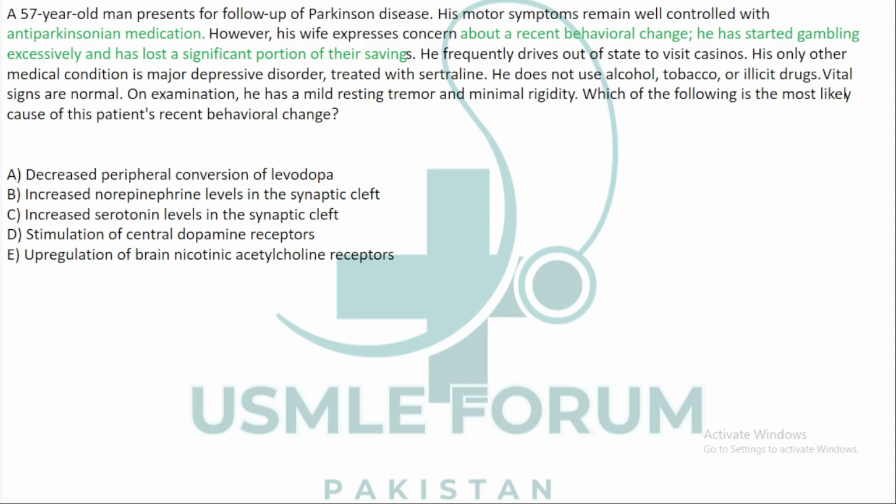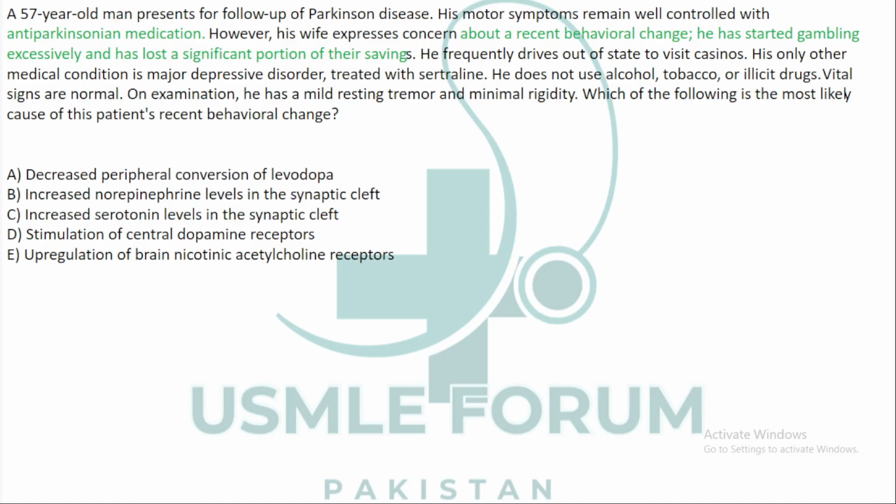But I know that the step 2 CK audience is not going to see my videos because they are solely for step 1. Okay, so let's start by identifying the main clinical issue here. The key finding is new onset compulsive gambling. I hope you understand what I mean by compulsive gambling, that the patient is getting satisfaction from gambling, right?